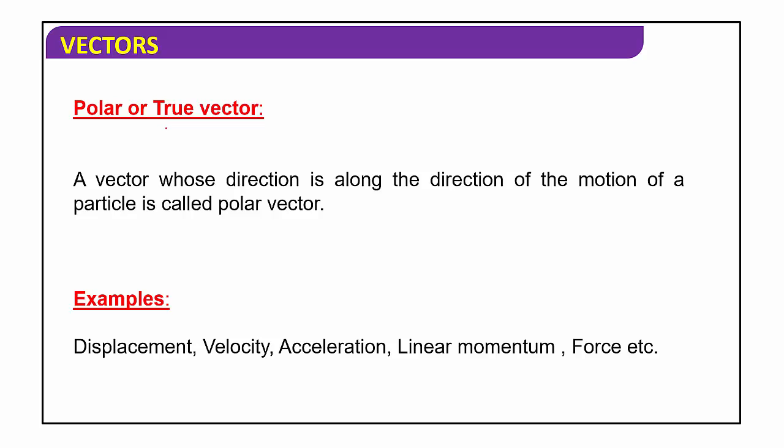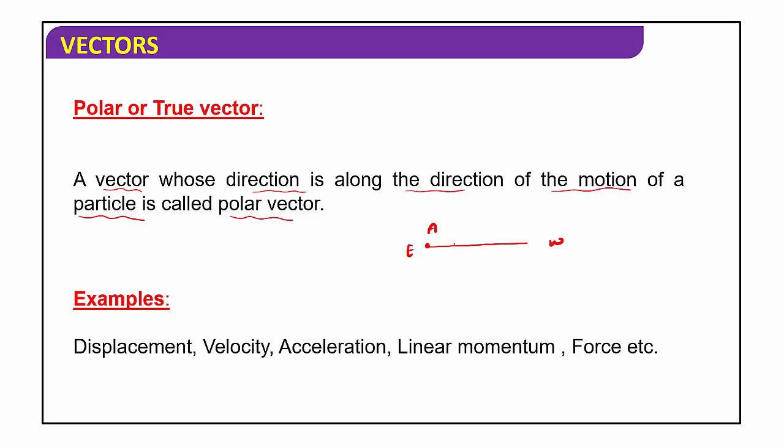Then what is a polar vector, or what is a true vector? You can read this definition: a vector whose direction is along the direction of motion of a particle gives a polar vector or true vector. For example, let us consider this is object A, moving along this direction, let us consider from east to west.